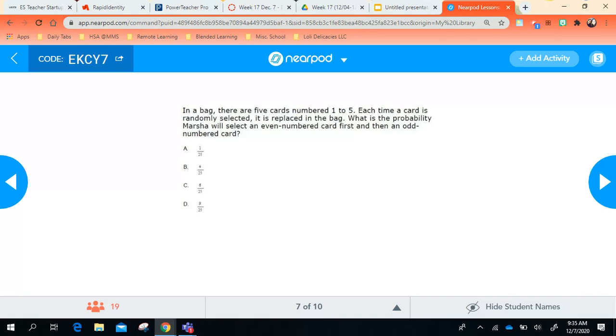It says, in a bag, there are 5 cards numbered 1 to 5. Each time a card is randomly selected, it is replaced in the bag. What is the probability Marcia will select an even numbered card first and then an odd numbered card?